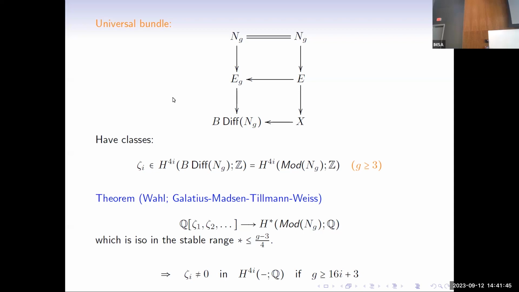And thus in particular, we know that these zeta i's, which lie in dimension 4i, are non-zero if the genus is big enough, so in this case, greater or equal than 16i plus 3.